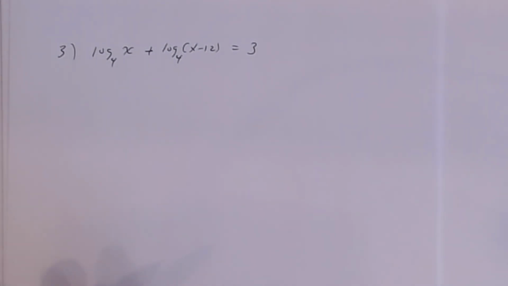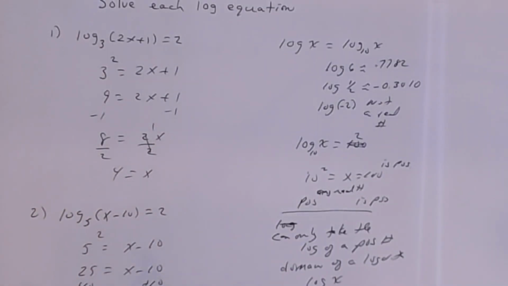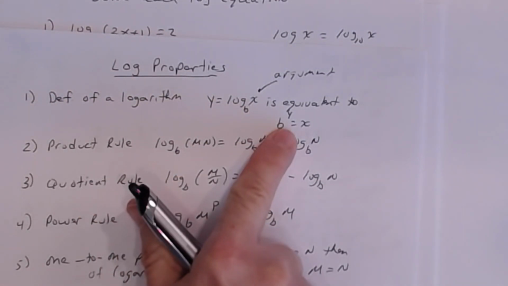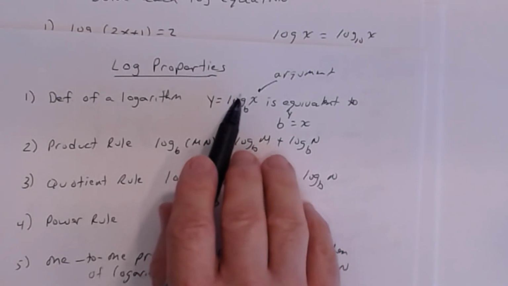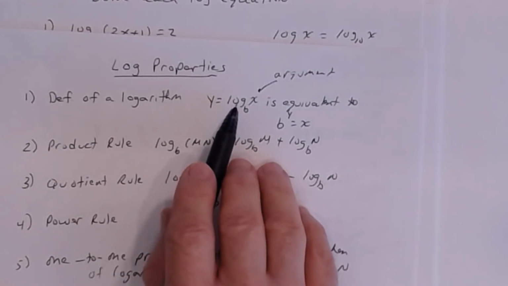Okay, now remember, in order to use this property, the definition of a logarithm, in order to change a log equation to an exponential, you have to have one log. You have to have on one side the term with just the word log in it.